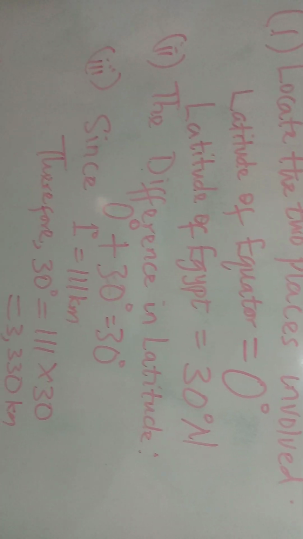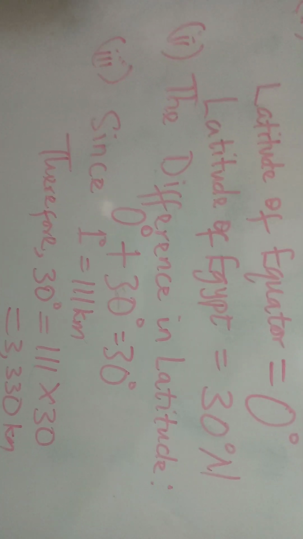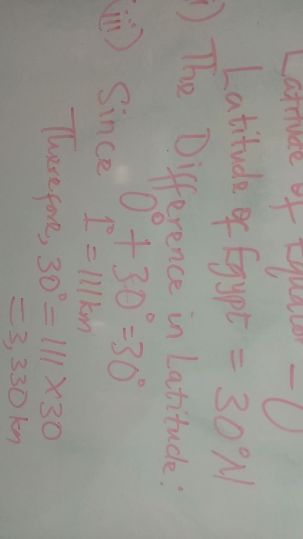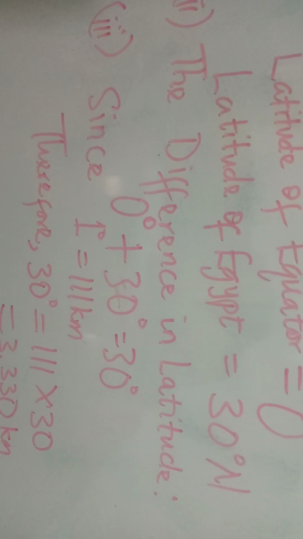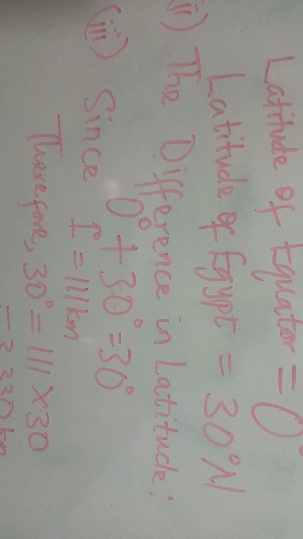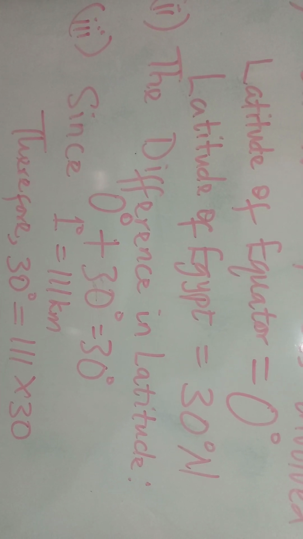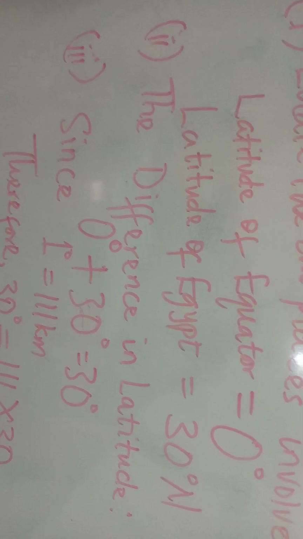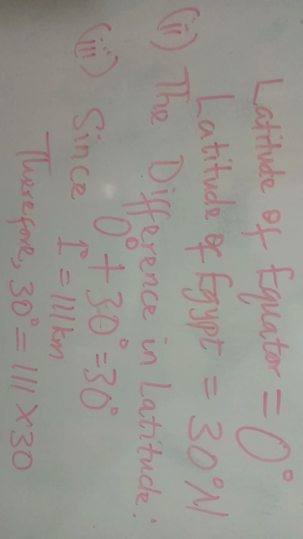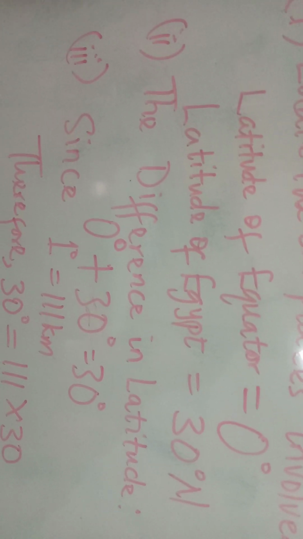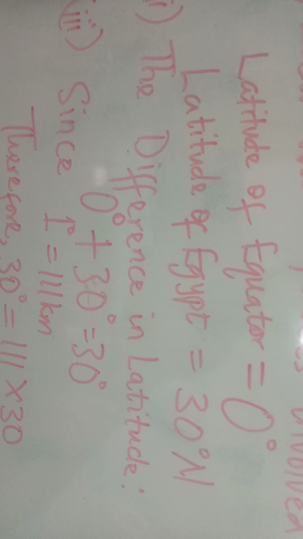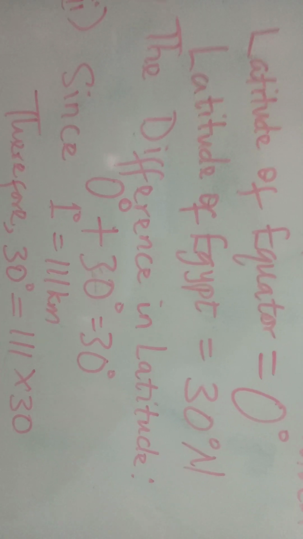So then we go to the third rule that says, since 1 degree equals 101 kilometers, therefore 30 degrees will be what? Because we are told to multiply that latitude difference by 101 kilometers. Therefore 30 degrees equals 101 multiplied by the 30 degrees, the difference that we got.